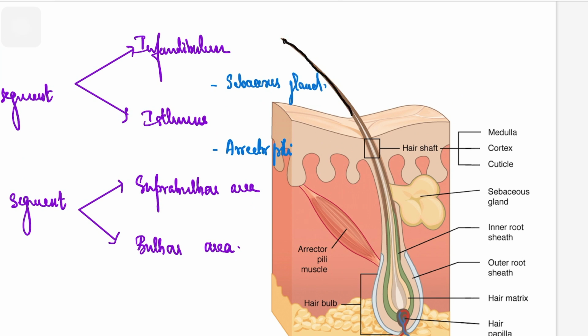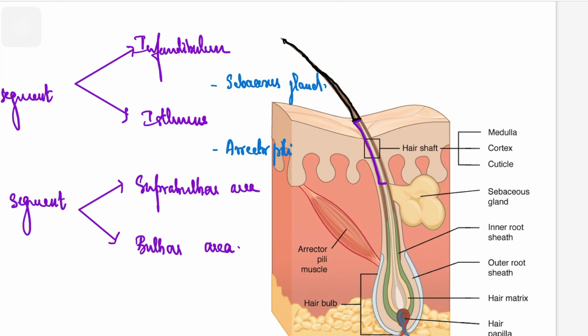If we see in this picture, this part of hair seen above the skin is called the hair shaft, and this part seen within the skin is called the hair follicle.